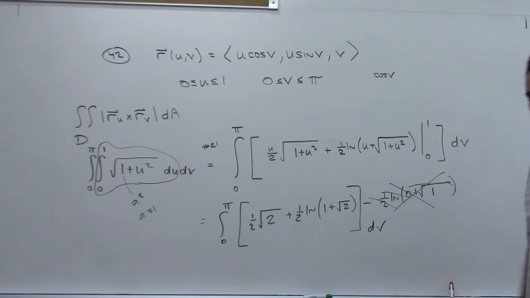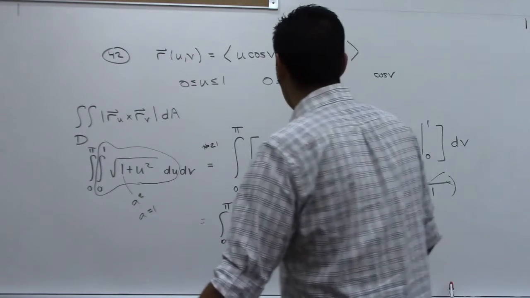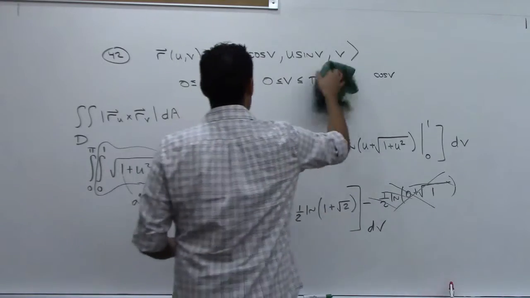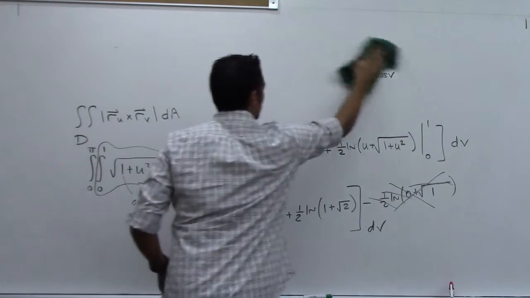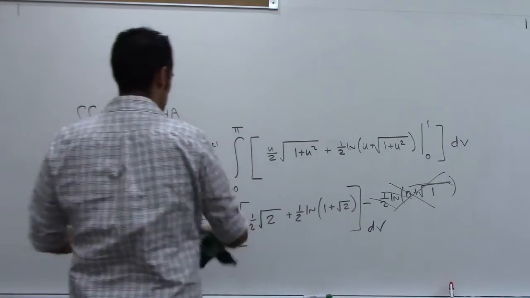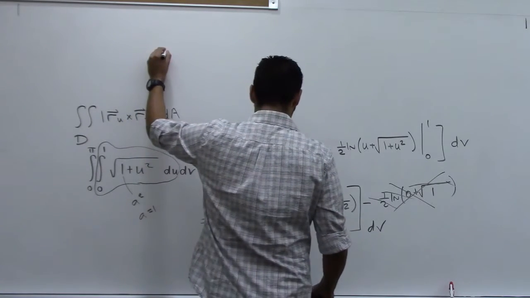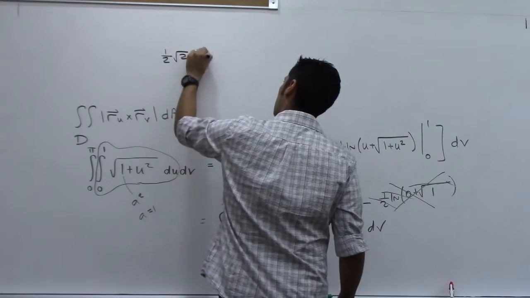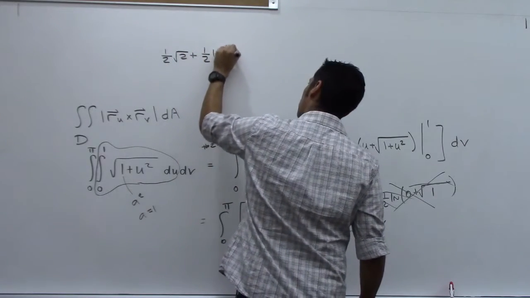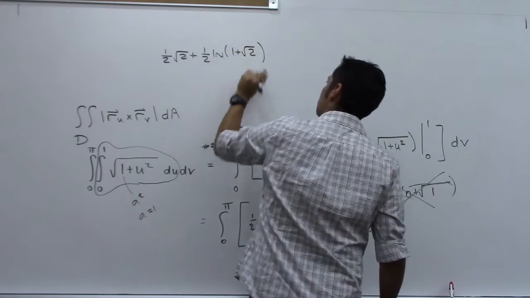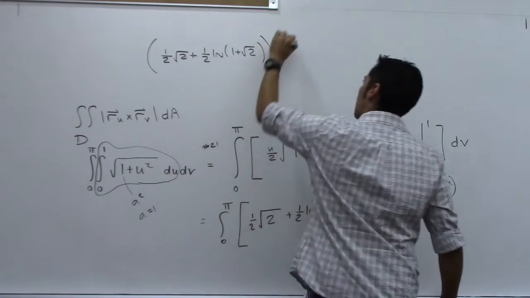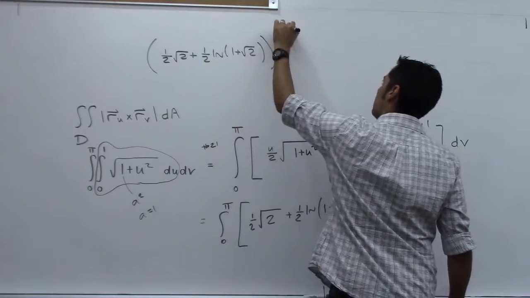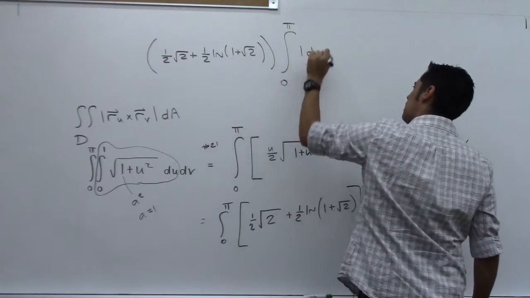And that's all one big constant, right? So if this is all one big constant, I can pull that constant out. I have 1/2 root 2 plus 1/2 natural log of 1 plus root 2. That's all one big constant outside the integral 0 to pi of 1 dv.